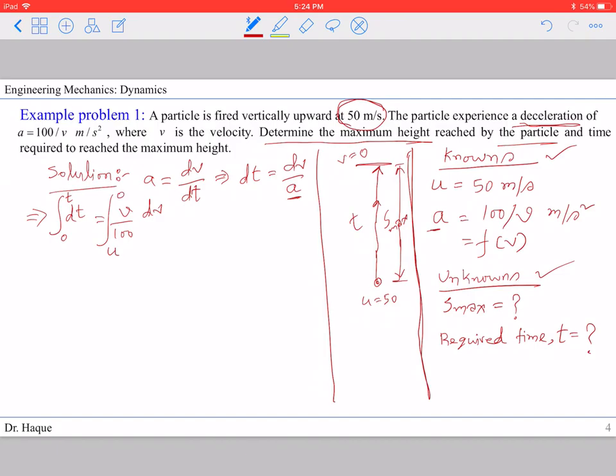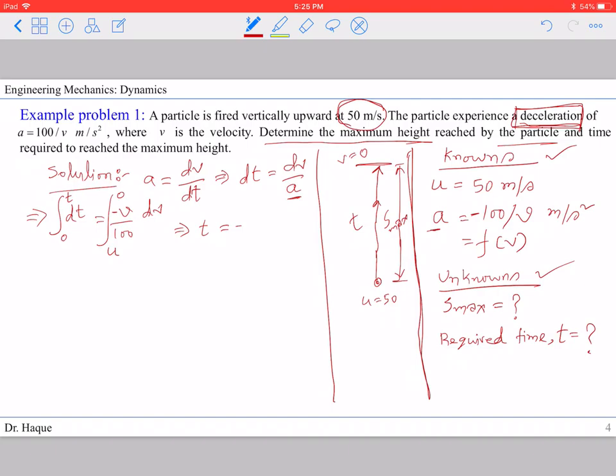Now since it's a deceleration, it's opposite of acceleration, so we have to put a negative here. If we do the integration, we get t on the left side, and we get negative, because this is negative.